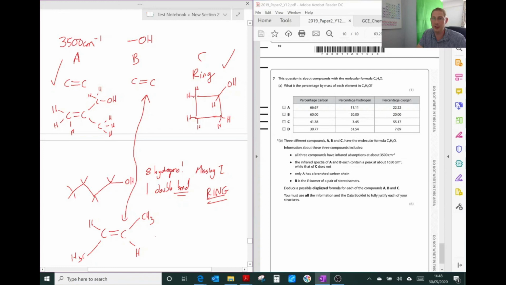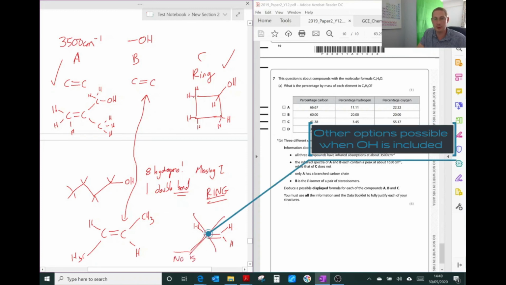No, there aren't. If you've got a pair of stereoisomers, then it's not possible to do this because there's no other isomer possible, so it can't be that.